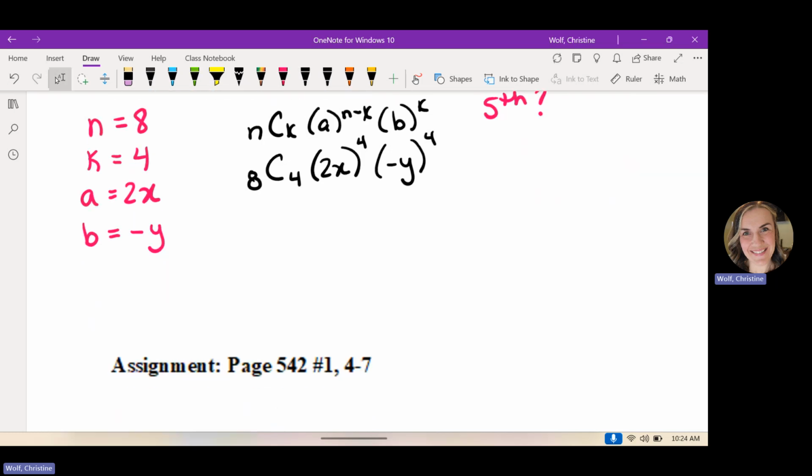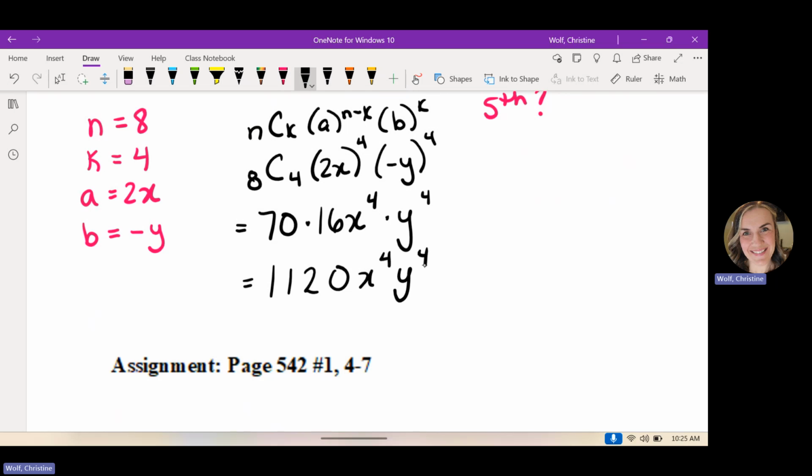All right. 8, choose 4 on your calculator should give you 70. 2x to the power of 4. 2 to the power of 4, first of all, is 16. X to the power of 4 is just that. And then all that happens with the y is that negative goes away. All right, so all you got to do now is 70 times 16, 1,120. And then you can't do anything with the x and the y together. You just smush them together, and that's what the 5th term would be.